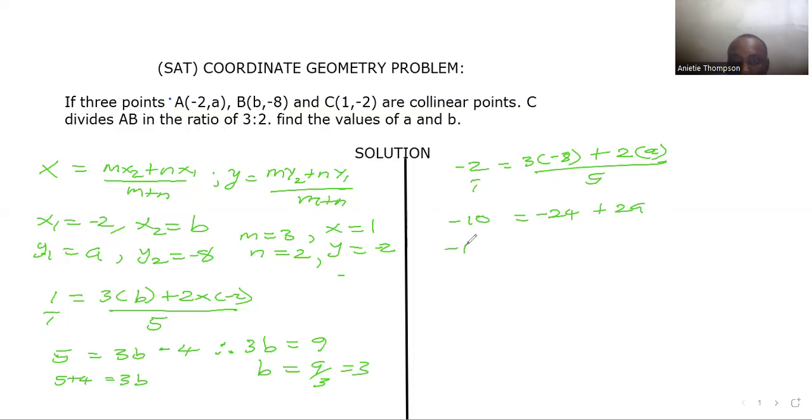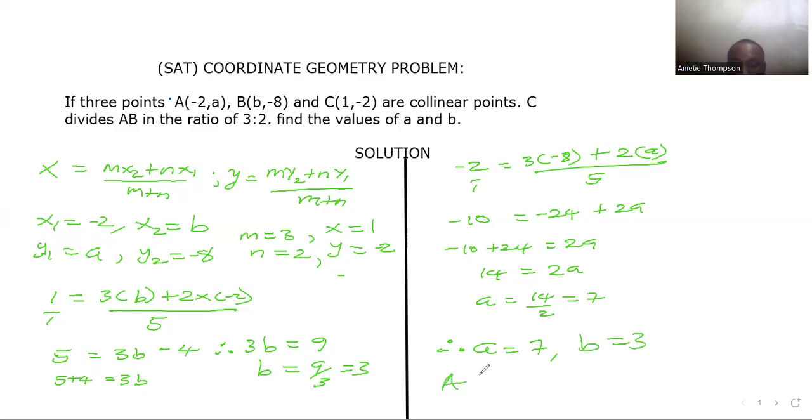You can also see that -10 plus 24 equals 2a, and this is 14 equals 2a. If you divide both sides by 2, you have that a equals 14 divided by 2, and that is 7. So the values of a and b are 7 and 3 respectively. Therefore, a equals 7 and b equals 3.